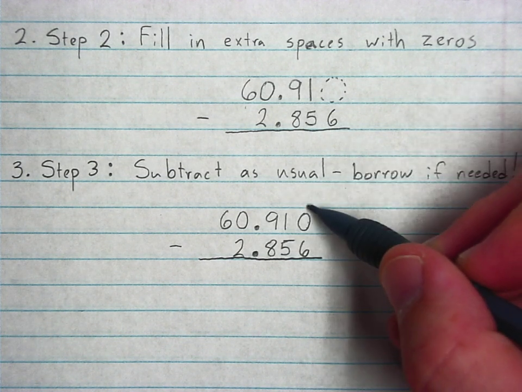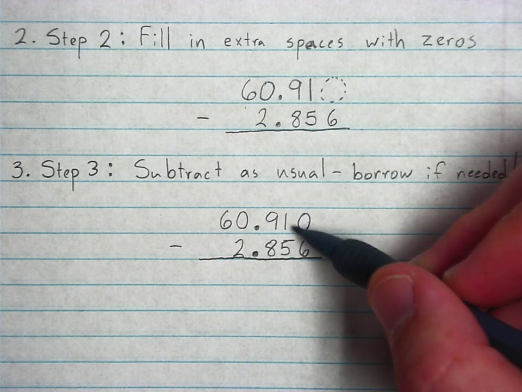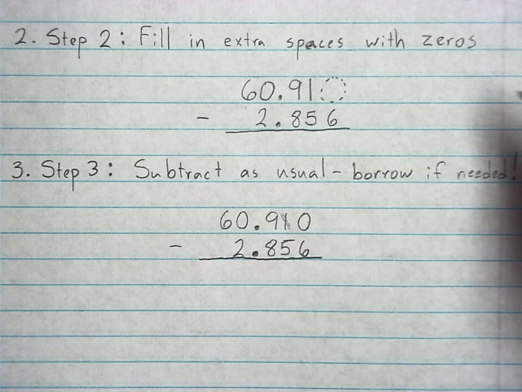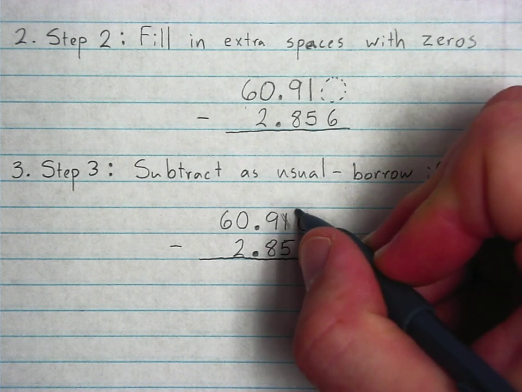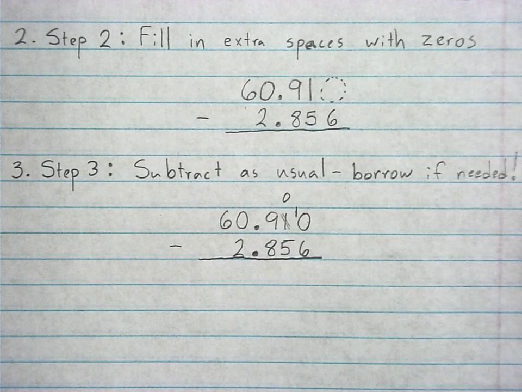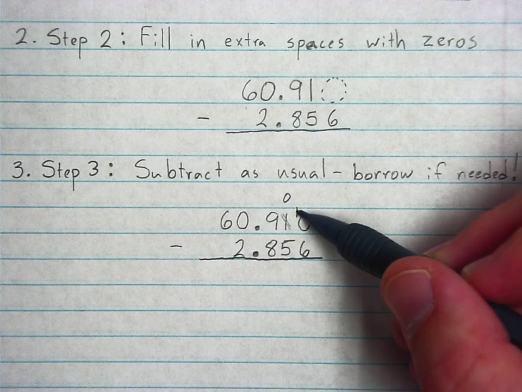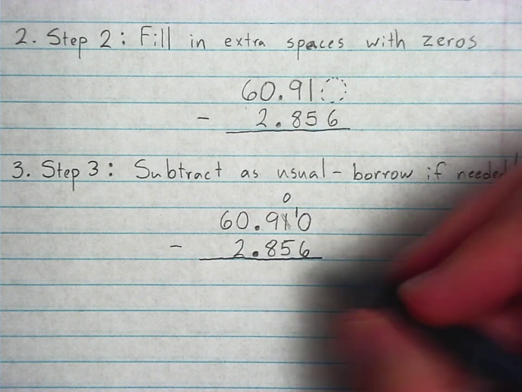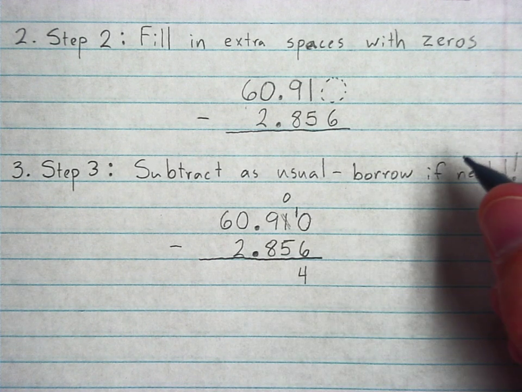So the 0 looks next door and says, hey, can I borrow something? The 1 grumbles, ugh, but says okay, and it moves over. This 1 now becomes a 0. Now, with a group of 10 over here, 10 minus 6 is 4, okay?